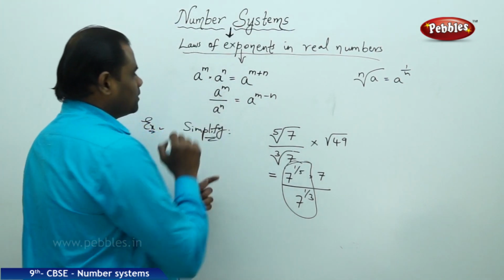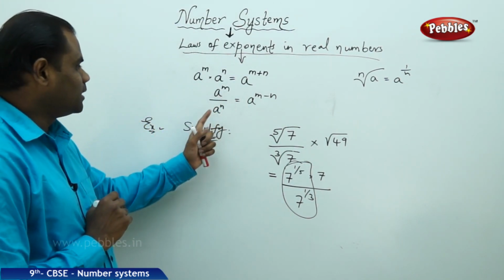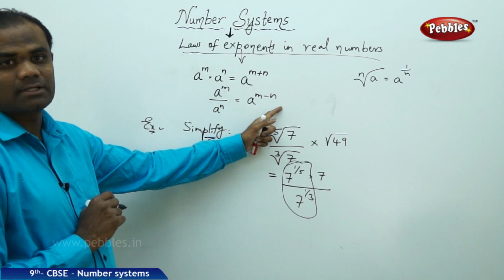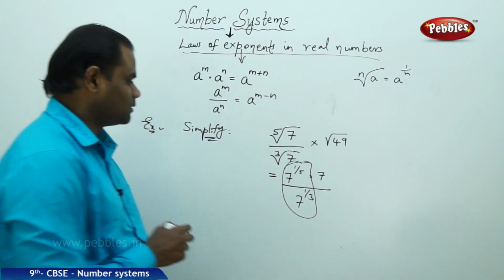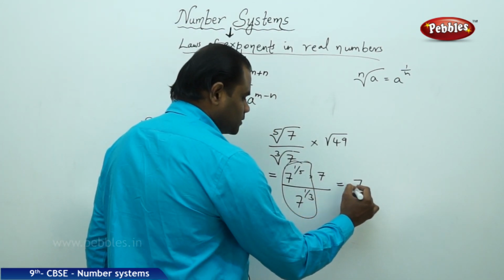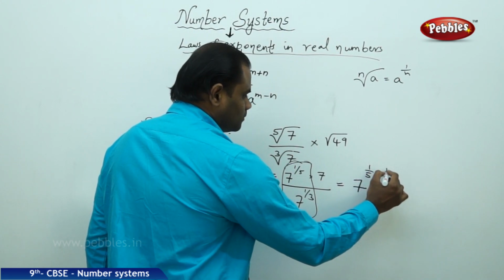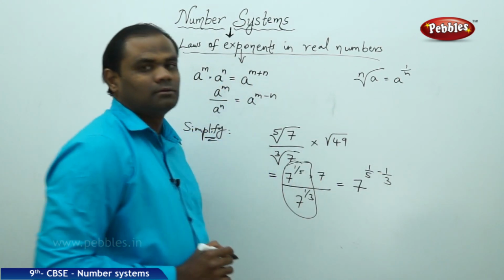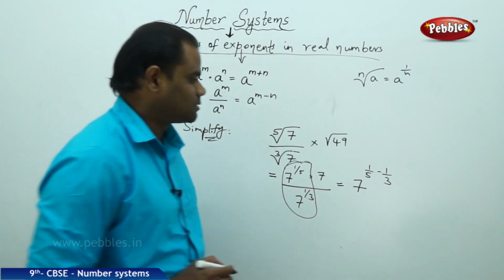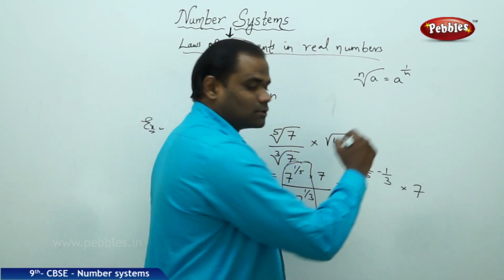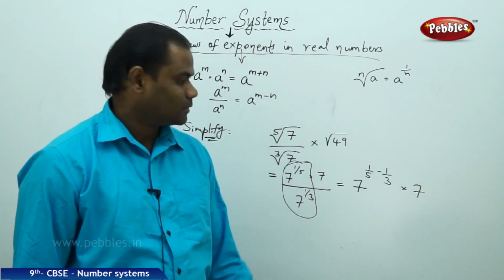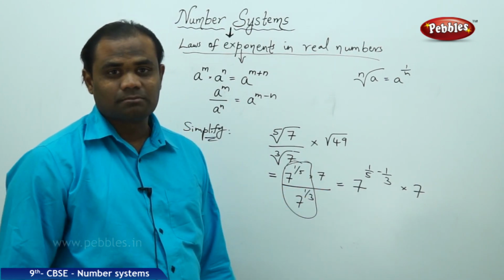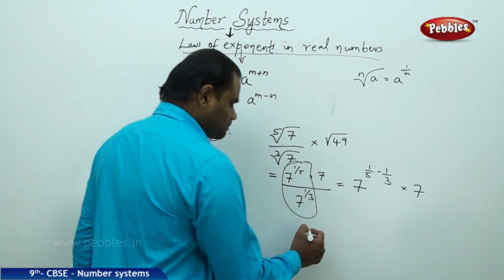Now I clearly see that this satisfies the property number 2, that is a power m by a power n is a power m minus n. So replacing a by 7, I get the second law of index, which is a power m minus n, is how we understand this. Times 7, never to be forgotten. And here I get this by further simplifying through LCM.